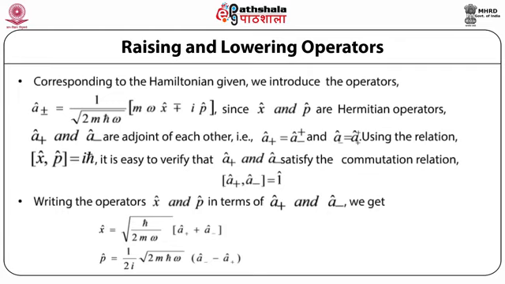Similarly, the momentum operator p is given as 1 upon 2i, whole times the square root of 2 times m times ħ times ω, times within brackets the lowering operator A- minus the raising operator A+.